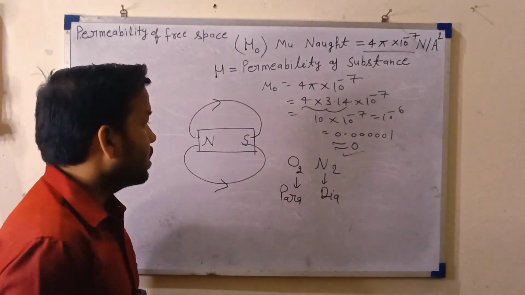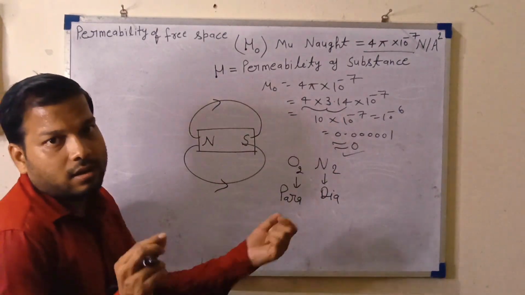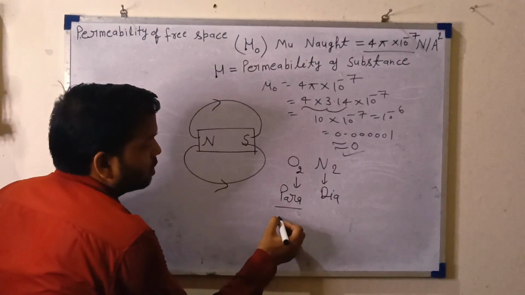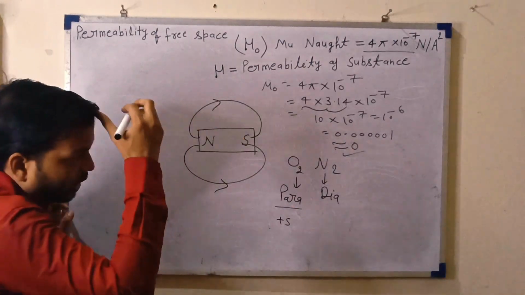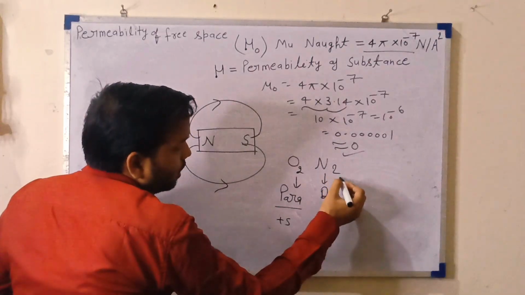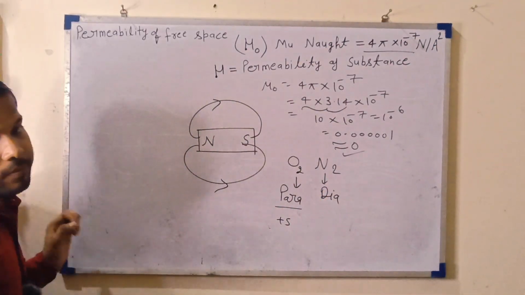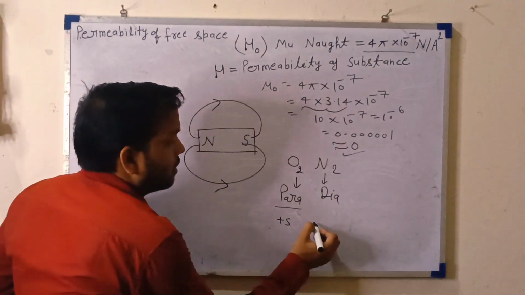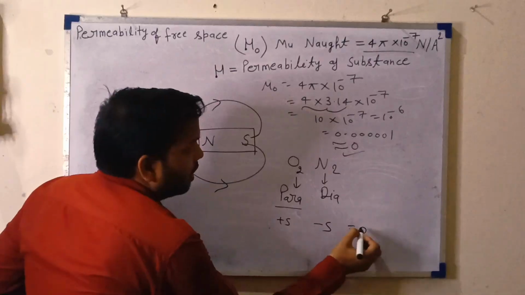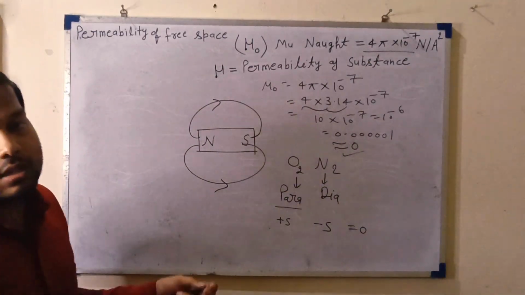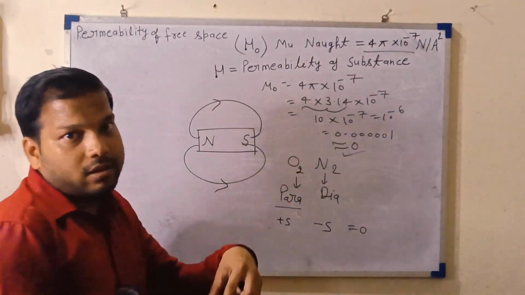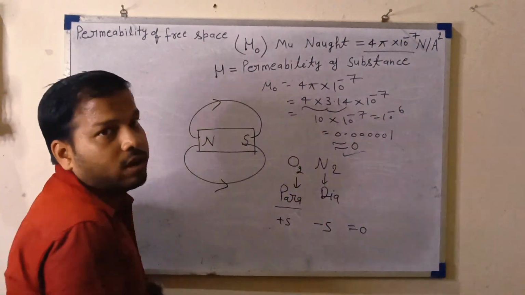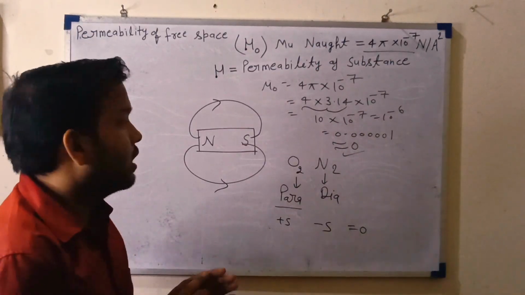Because of oxygen, a very little amount of field lines is attracted towards the medium. Suppose plus 5. This is the value plus 5. Because of N2, the field lines repel, minus 5. Because of oxygen, the field lines start to be attracted or pass through the air, and because of nitrogen, the field lines start repulsion.